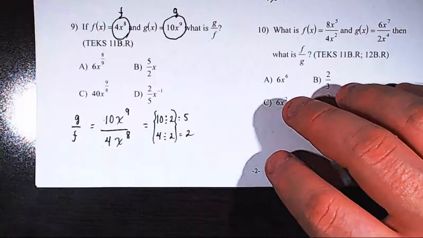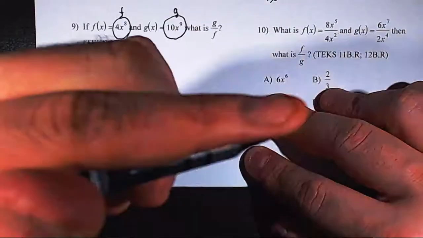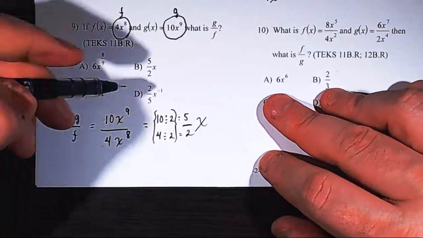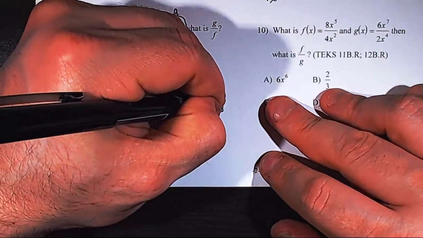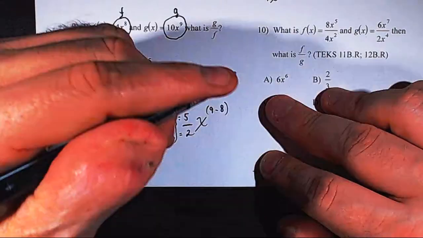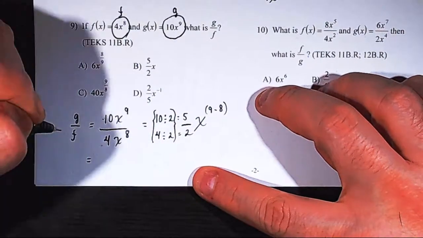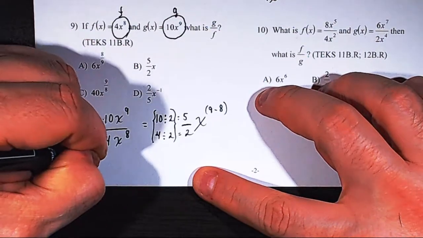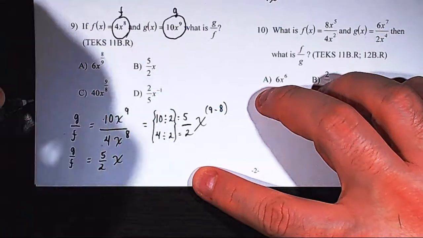So we now have the new expression 5 over 2, and then we write our base, x. Now we do our quotient rule subtraction, 9 minus 8. 9 minus 8 is 1, so down here we put equals, g divided by f equals 5 halves, or 5 over 2, x.